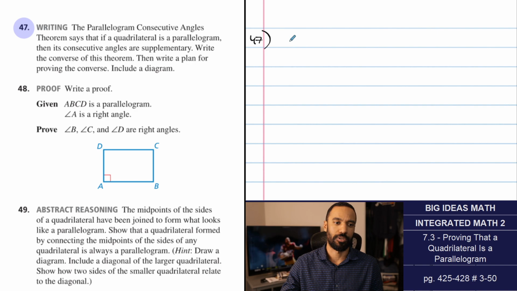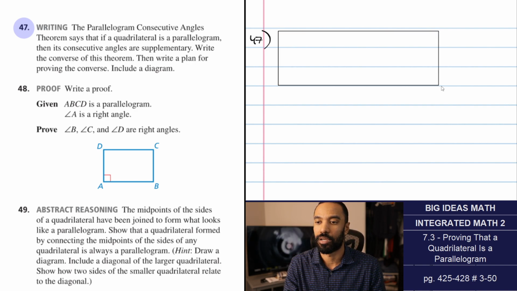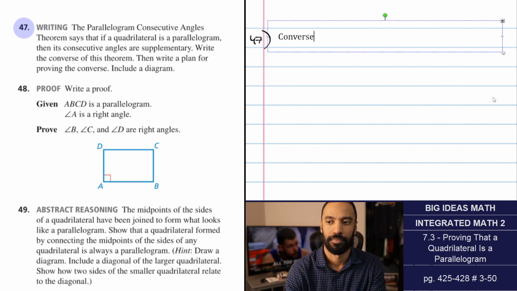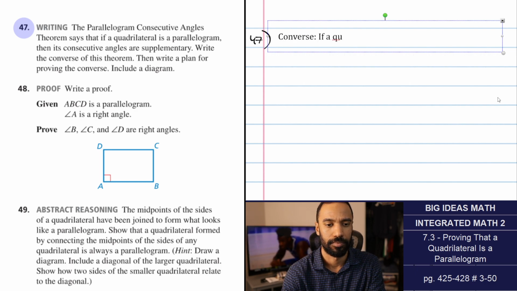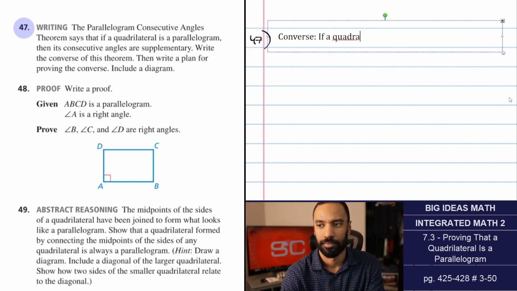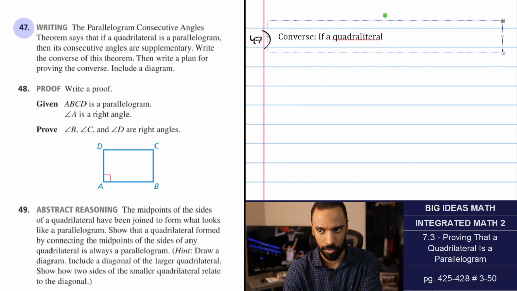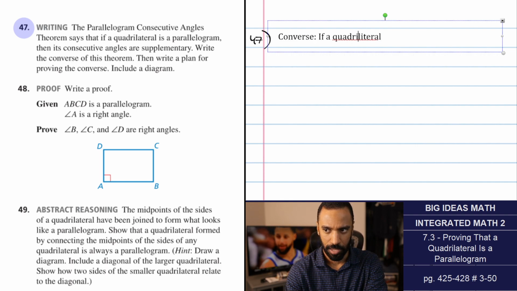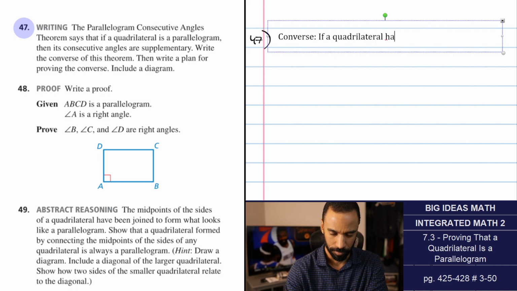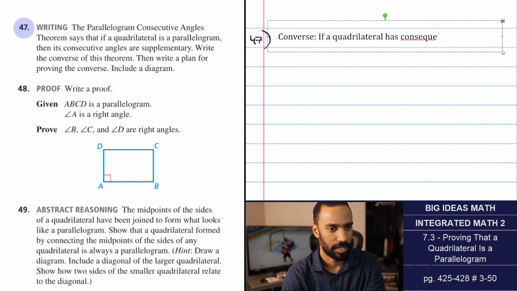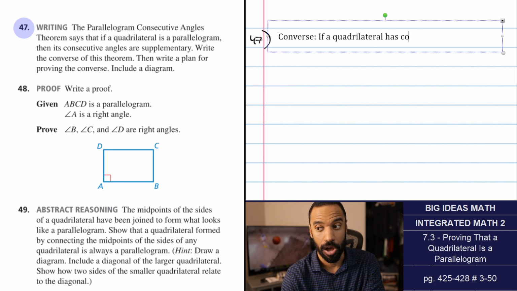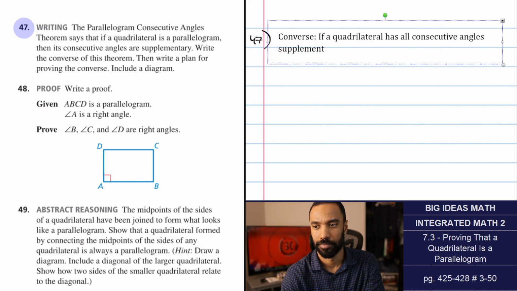So the consecutive angle is a quadrilateral. Okay, write the converse. All right. Converse. If a quadrilateral has all consecutive angles supplementary, I guess, then it is a parallelogram.